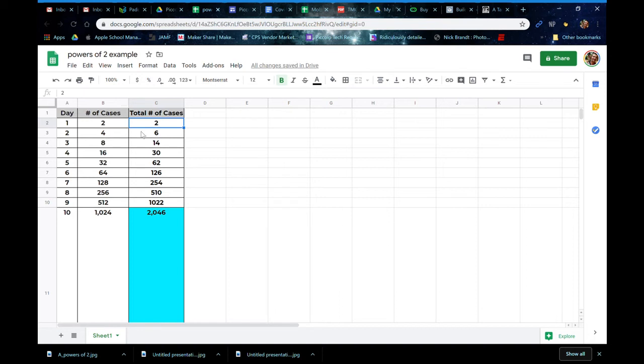For example, the 6 means everything up here. 14 means these 3. 30 means adding all this up. And so after 10 days, if you add up all of these numbers, 1024 plus 512 and so on, you get 2046 cases in 10 days. That is an extremely aggressive spread of a virus. Now, that's only 10 days.